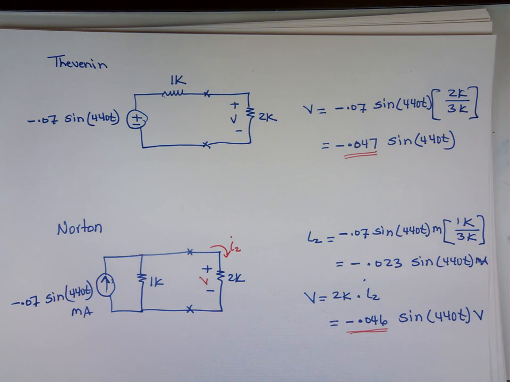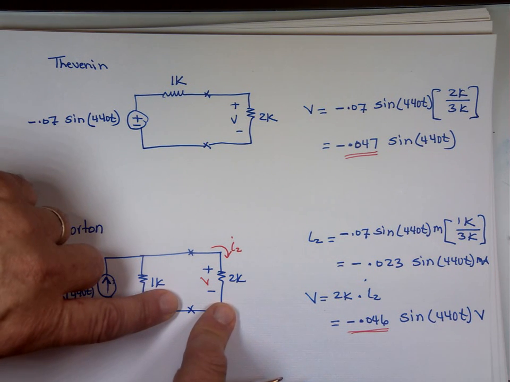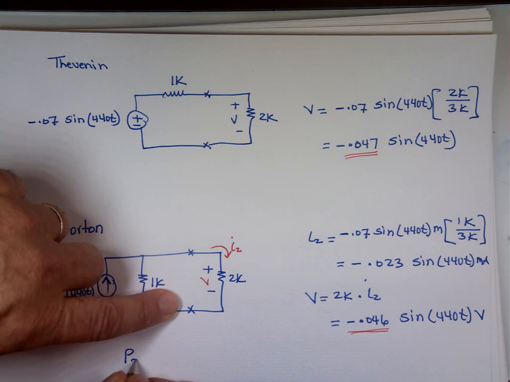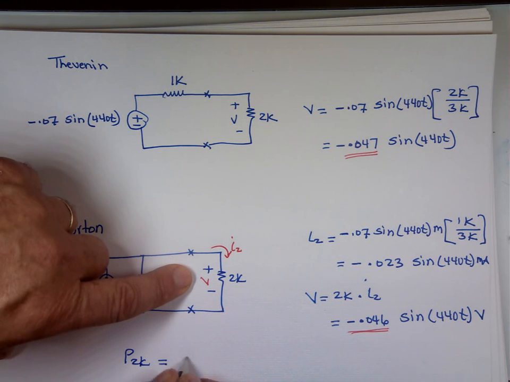By the way, if I ask you what's the power absorbed by that resistor? Voltage times I. Well, you know V and you know I, right? The power absorbed by the 2K resistor is what? It's the voltage times I. You know both of them, right there.